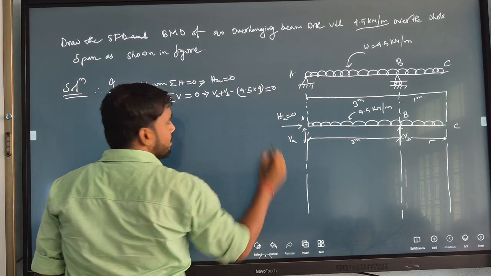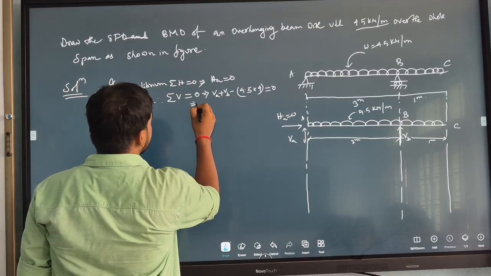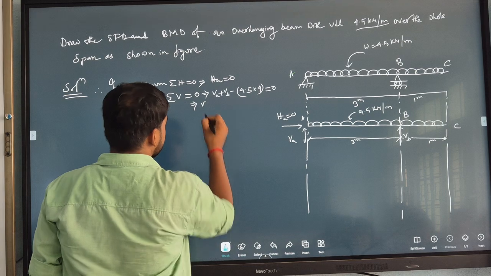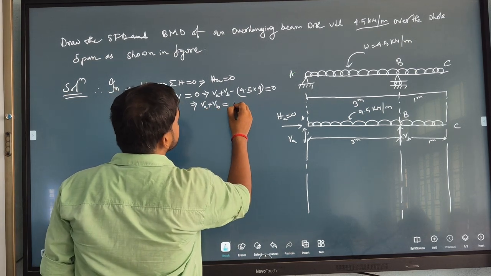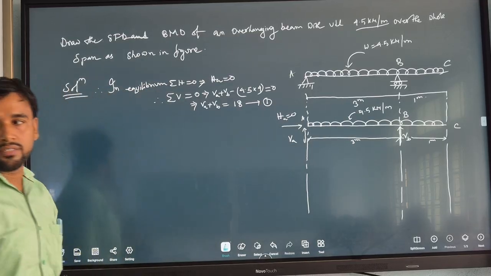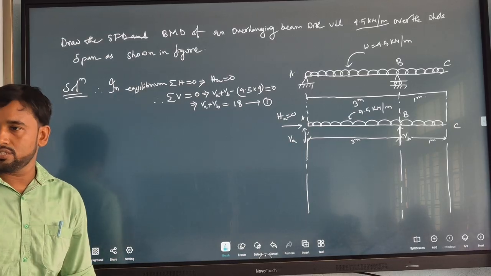There is no other vertical force. So this equation becomes VA plus VB is equal to how much? 18. Equation number 1. The next condition of equilibrium is moment.